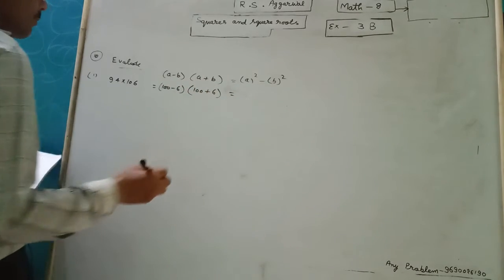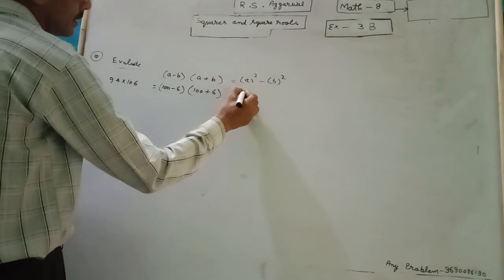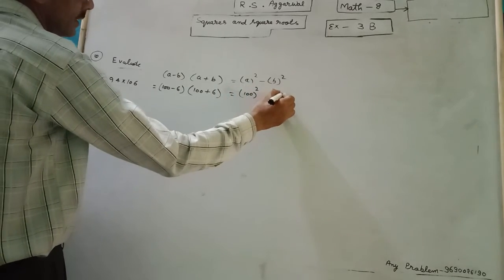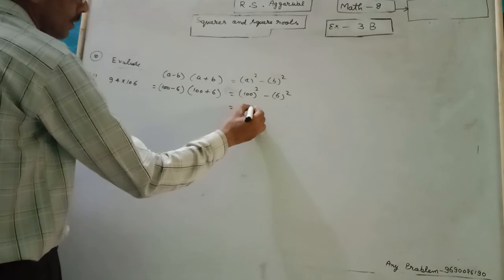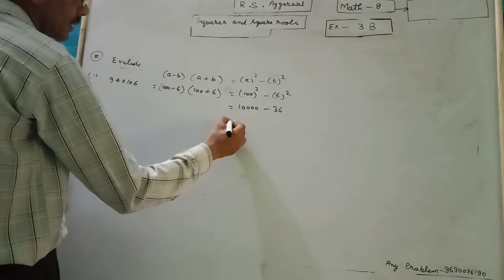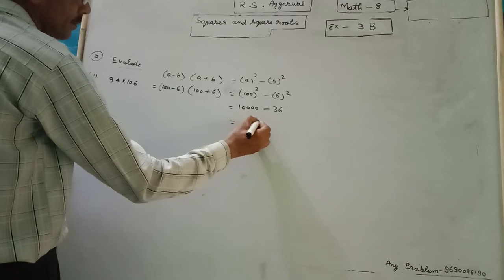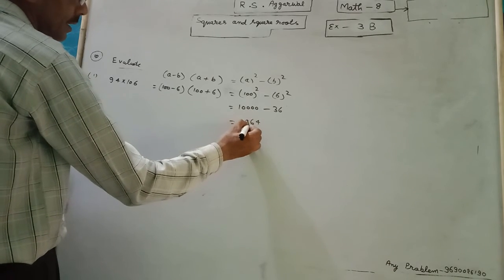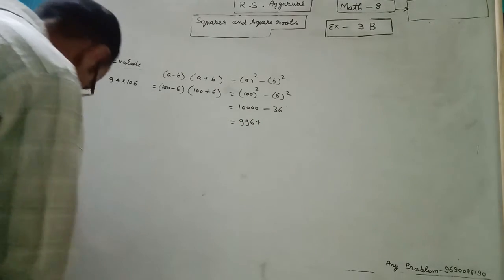A will be 100 and B will be 6. 100 square minus 6 square. 100 square is 10000, 6 square is 36. After minus, 9964. Question 10 is complete.